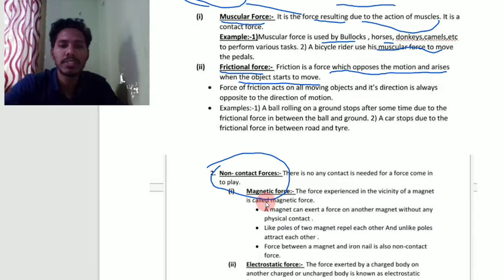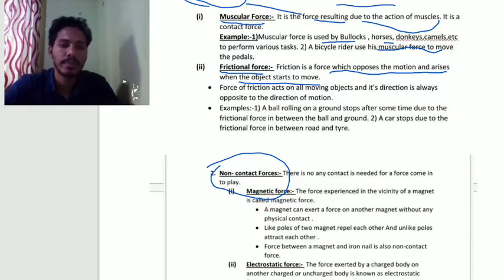It is the definition of frictional force. When we apply a force on any object, when it starts to move, a opposite force is produced. That force is called frictional force.